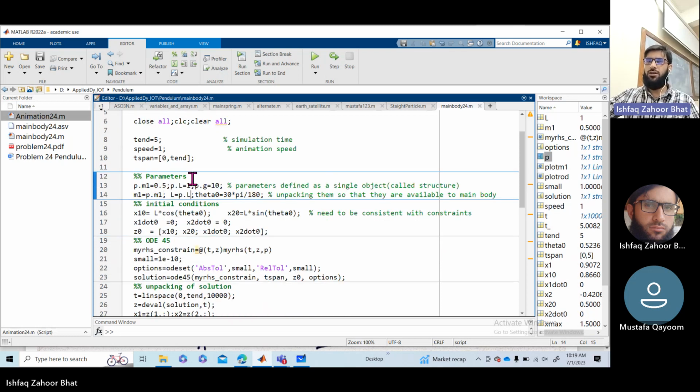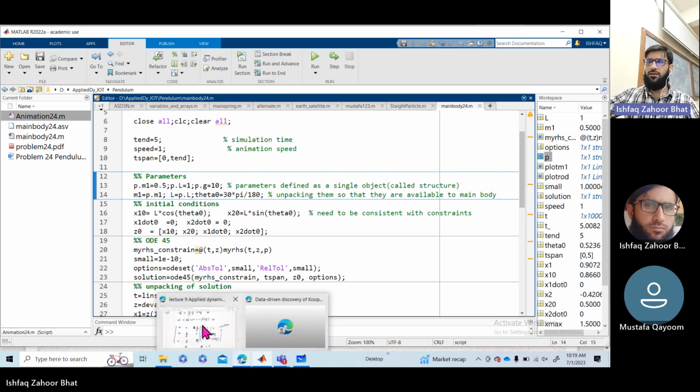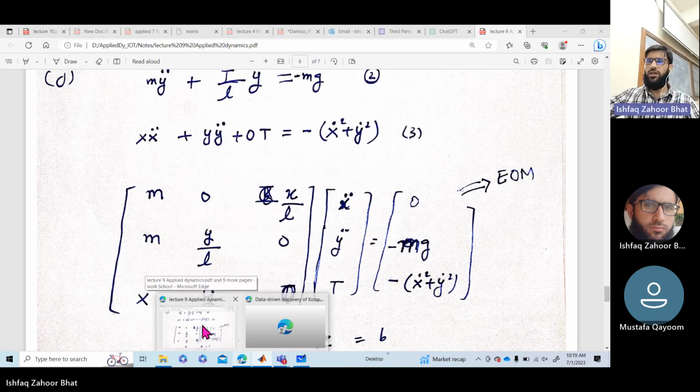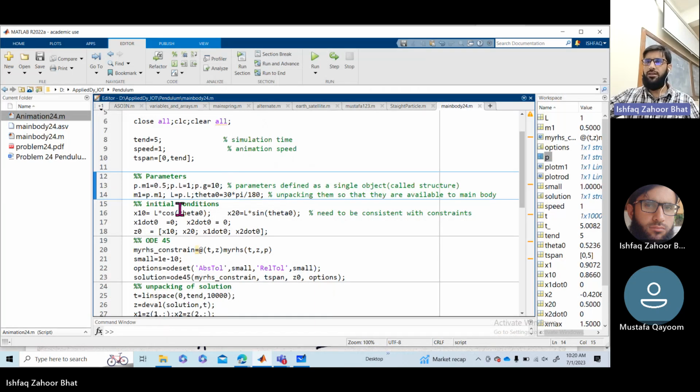So ODE will understand that it needs to integrate the solution from 0 to 5. Now these are the parameters. What parameters do we have? See from here, we have mass and length. These are our parameters, isn't it? So I am defining the parameter p.m1 equal to 0.5 kg, p.l equal to 1, that is length equal to 1, p.g, that is the gravitational constant, equal to 10 meters per second squared.